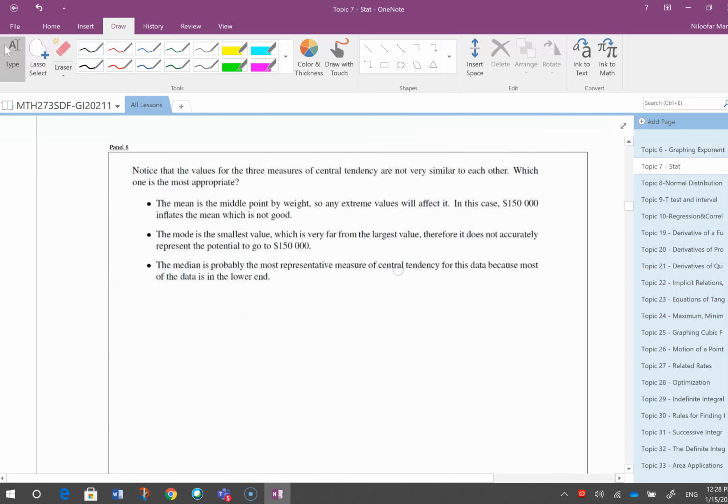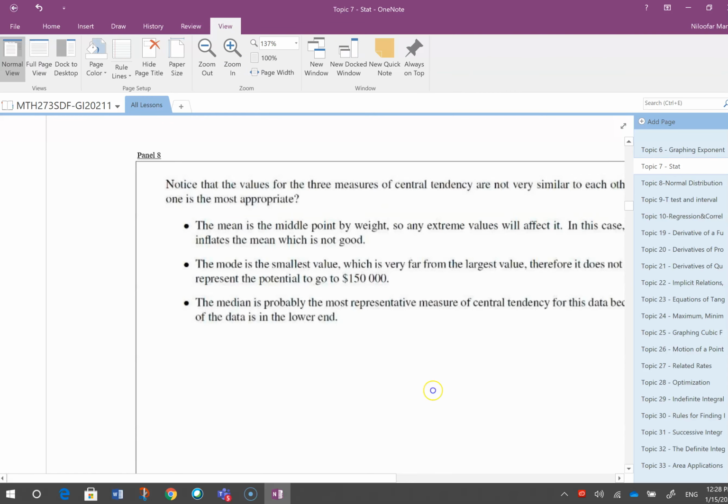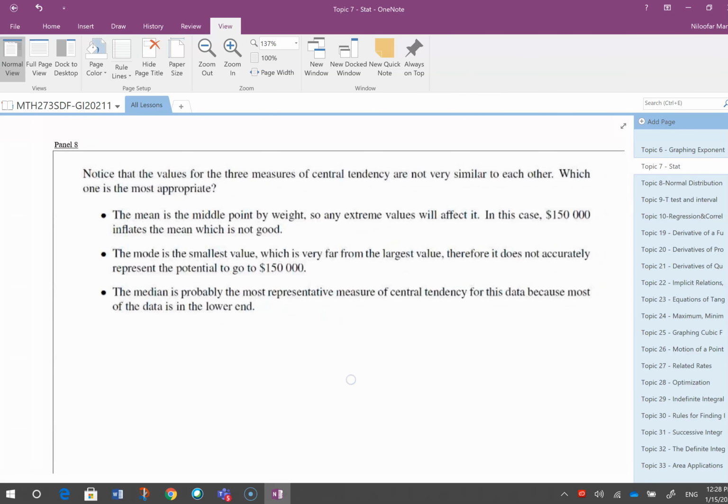Here it's explaining that the mean is not a good representative because of this large number. The mode is also very far from some of them, so it's not a good representative.